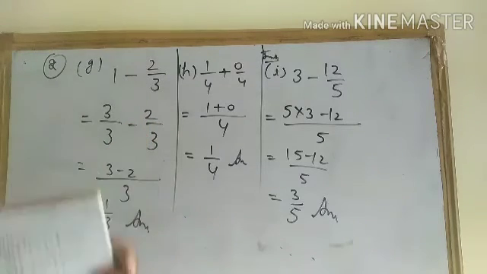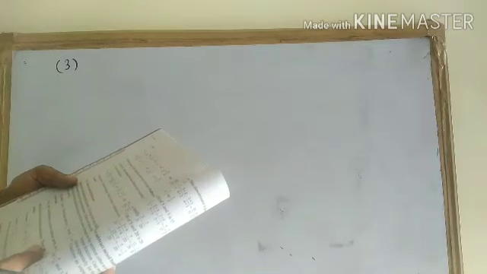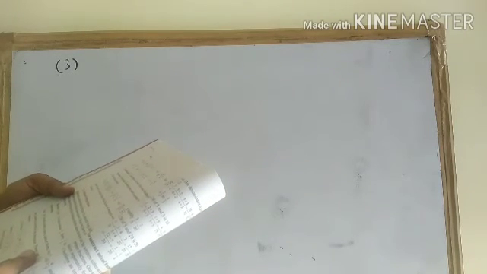Let's take its third problem. In problem number 3, Shubham painted 2 by 3 of the wall space in his room. His sister Madhvi helped and painted 1 by 3 of the wall.